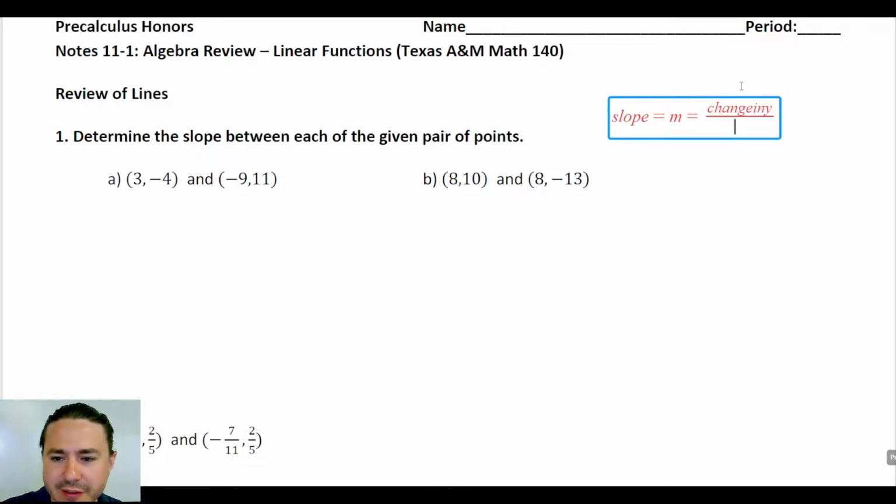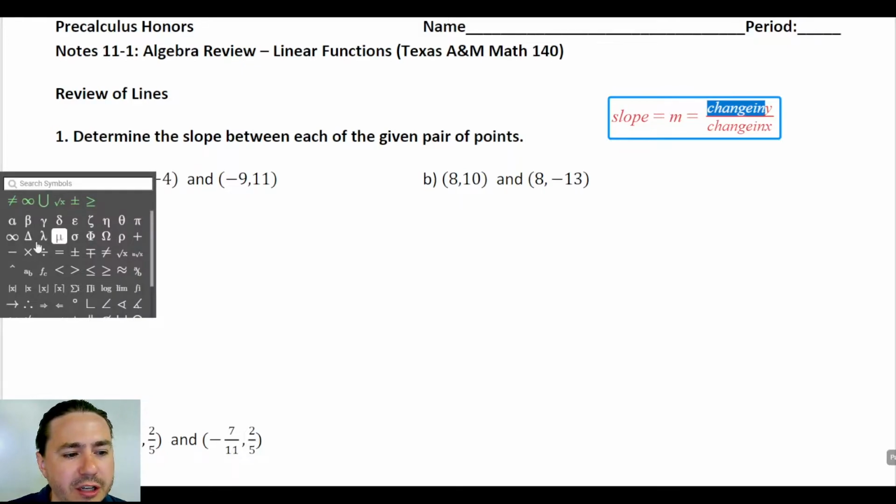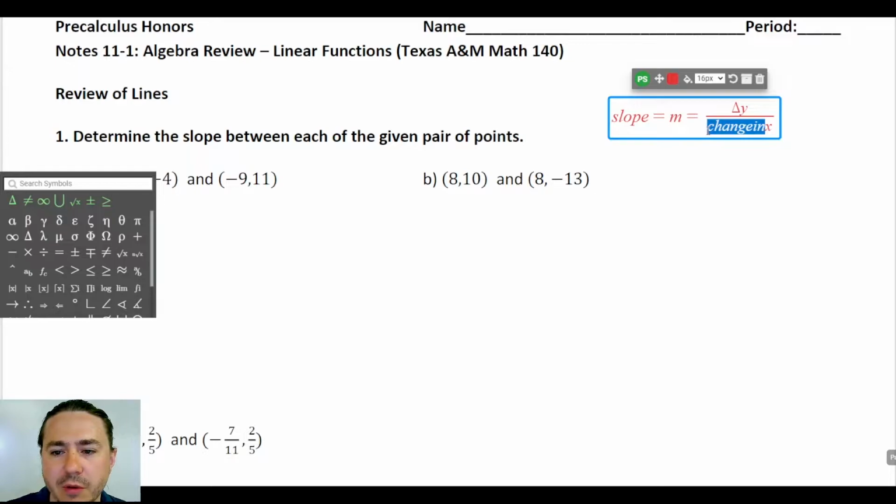I'm going to change the word change here to use the Greek letter delta, which is commonly used to notate change. So, change in y over the change in x. In other words, how does the y change with respect to how the x changes?